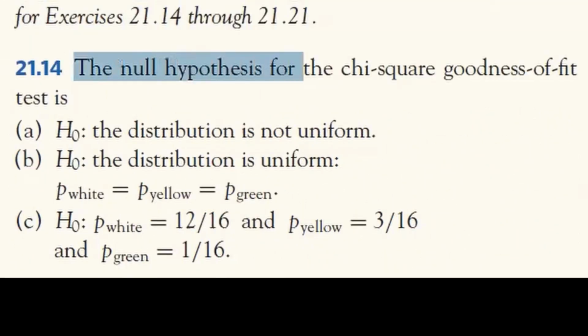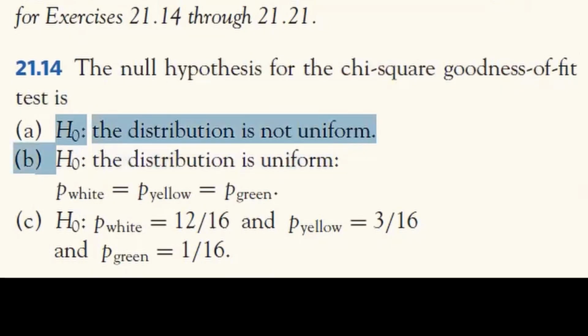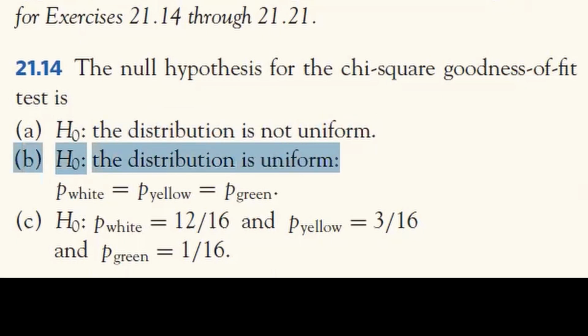The null hypothesis for the chi-squared goodness of fit test, for this test, would be A, the distribution is not uniform. B, the distribution is uniform. The probability of being white is equal to the probability of being yellow is equal to the probability of being green, right?